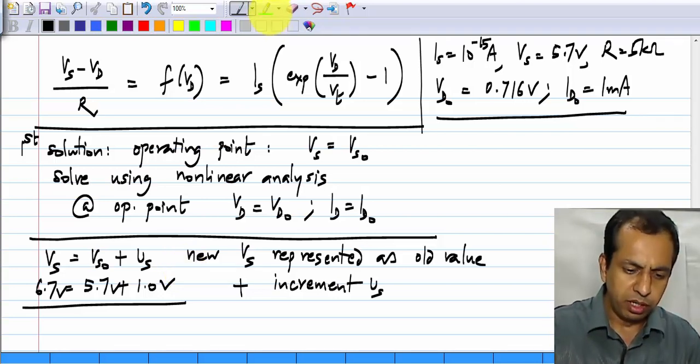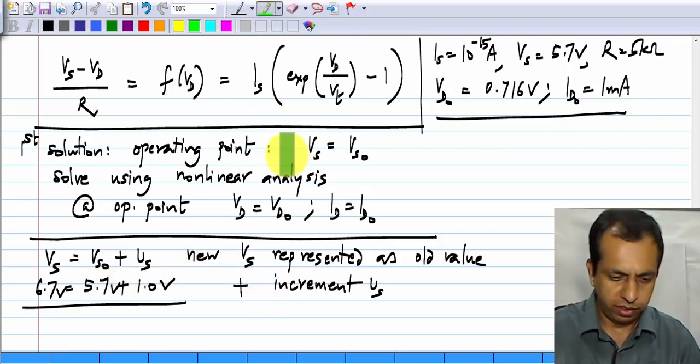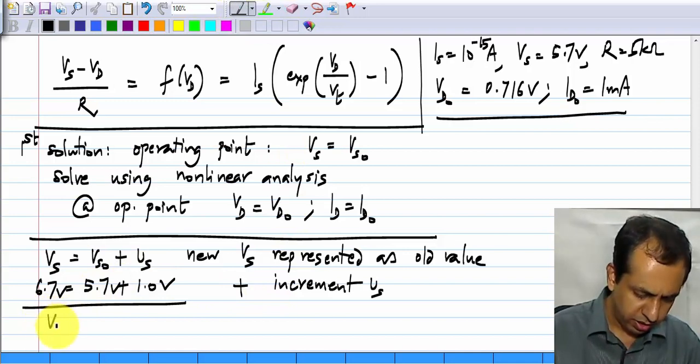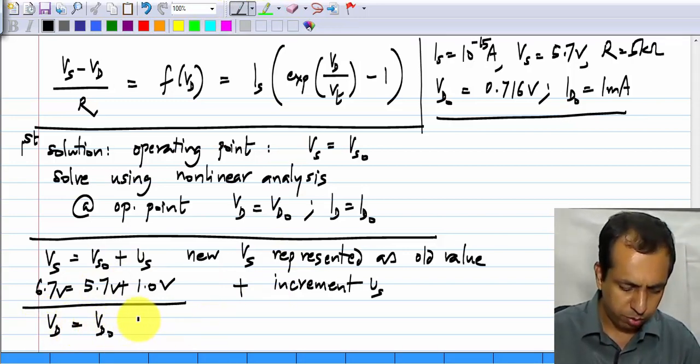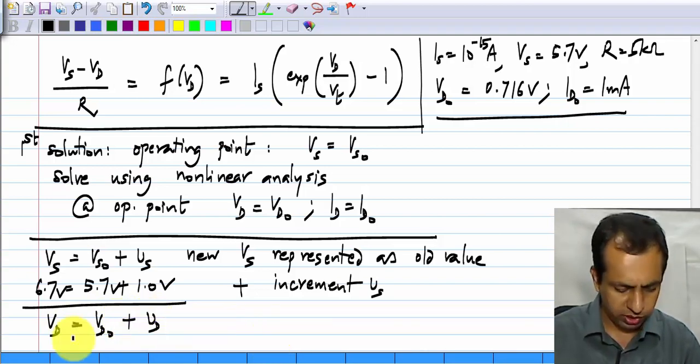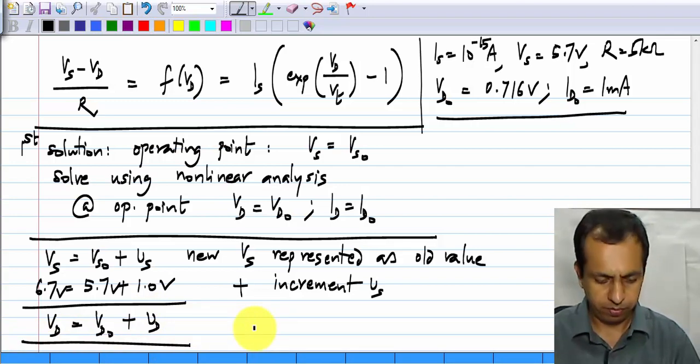And similarly, I represent every quantity in the circuit, that is the actual diode voltage, as the original diode voltage, the operating point diode voltage, plus an increment in the diode voltage, and so on.